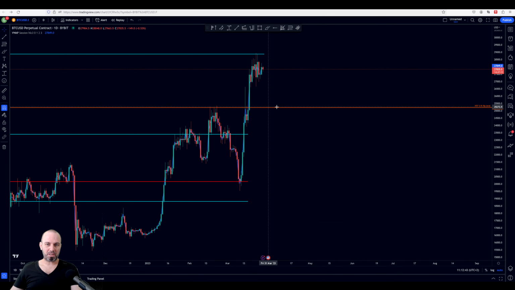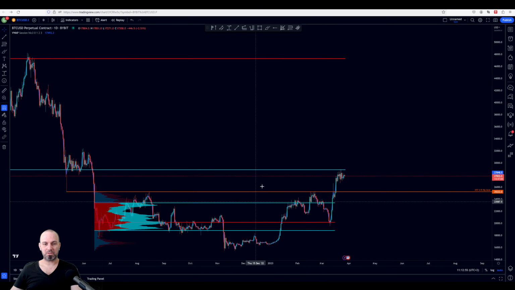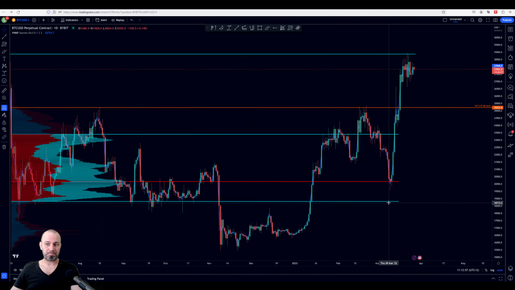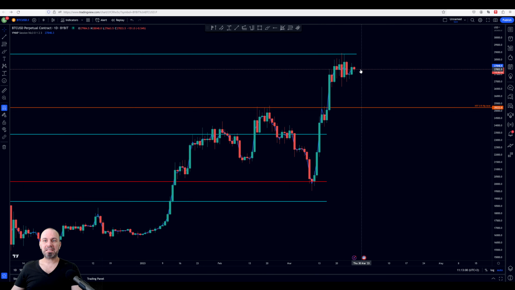And if the price manages to get acceptance below this level and then back into the value area of this range, then the next important level is the same story, point of control, followed by the value area low. So we're moving from range to range, but for the moment this is not bearish price action. This is actually bullish price action. This range here can be seen as consolidation below resistance, right?